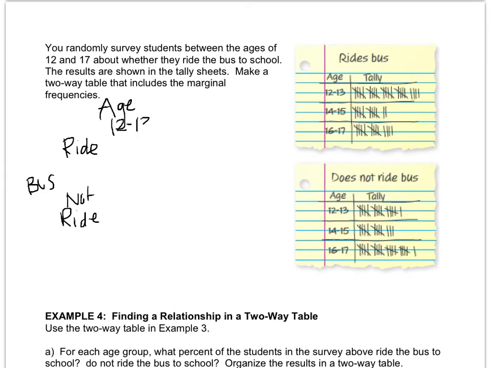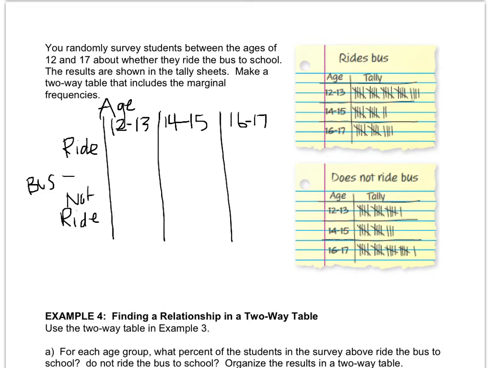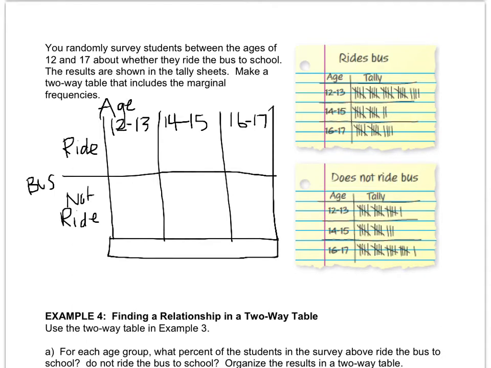So 12 to 13, 14 to 15, and 16 to 17. I also want to make sure that I don't forget to do the marginal frequencies. So I'm going to do this so I remember. And this is just how I would set it up. Everybody would set it up differently, but these are the important things that you need.